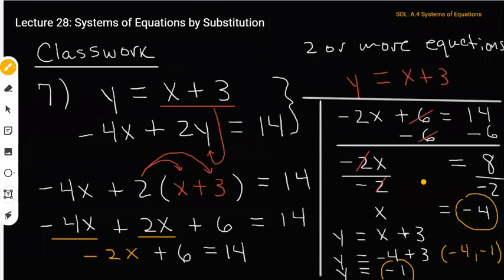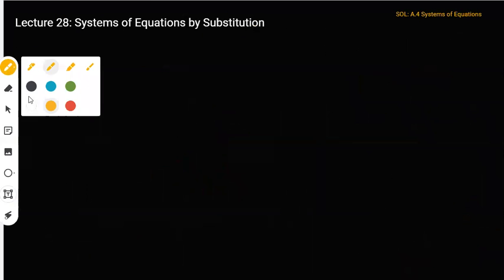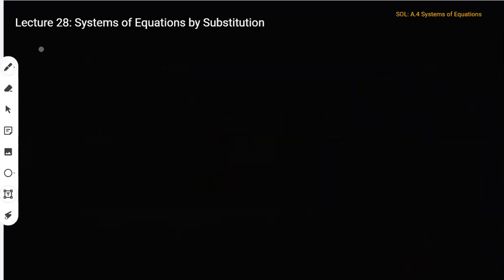Okay, let's try number 9 next. All right, so for number 9, they give me y equals 5x plus 3.